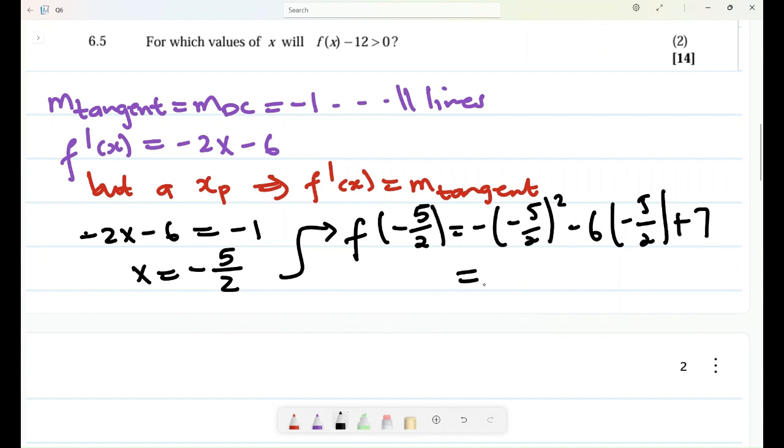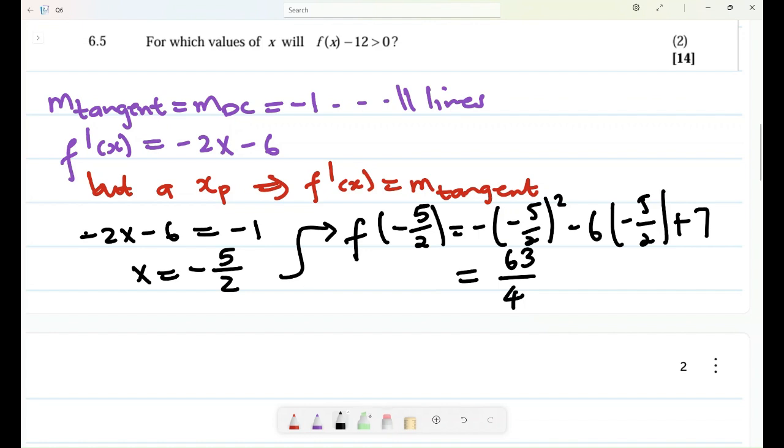Then I punch my calculator. I get negative into negative 2.5 squared minus 6 into negative 2.5 plus 7. Hopefully, I did not make any mistake. I get 63 divided by 4.